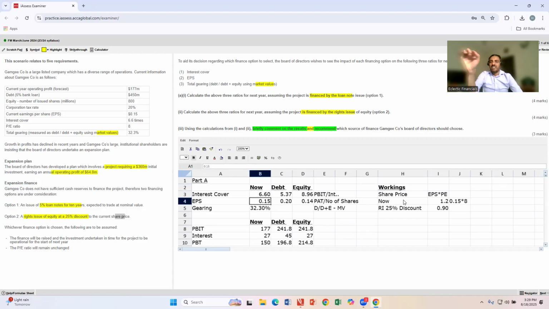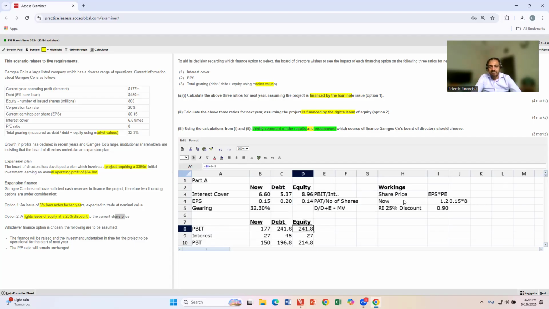But EPS will increase to 0.2. With respect to equity, from now 6.6, interest cover increases. But on the other hand, earnings per share, overall wealth of the shareholder, decreases. So till now, equity finance is not worthwhile. Although financial risk is reduced by increasing the interest cover, overall EPS decreases.